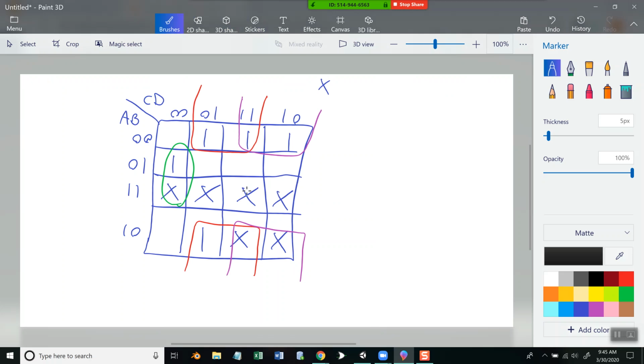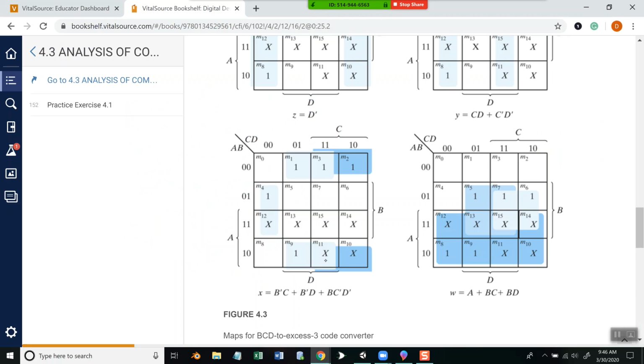This corresponds to this right here. Since A is different, it drops away, but B is 1, B is 1. That's why we have B. If I come straight up to the top here, this column, C is 0, D is 0, that's C prime and D prime. So that's where they get this last one, B C prime D prime.